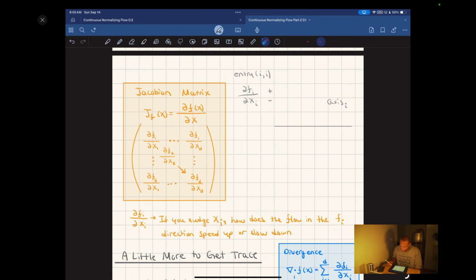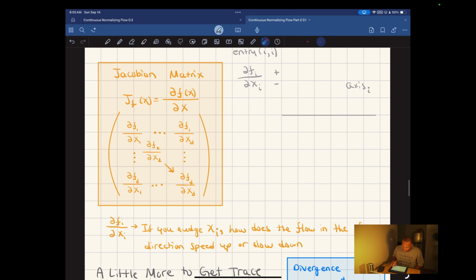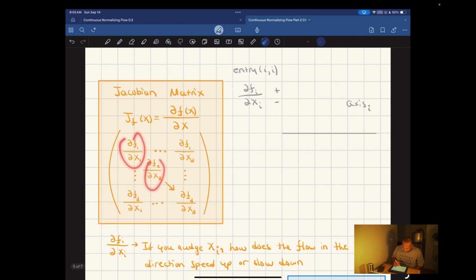So I just wanted to do a very quick edit to explain the geometric interpretation of an entry along this axis, entry ii. Remember, this is the partial derivative of velocity with respect to change in position. So this isn't like discrete normalized flow where we're looking at the partial of a coordinate with respect to a coordinate. We're looking at the partial of velocity with respect to a coordinate.